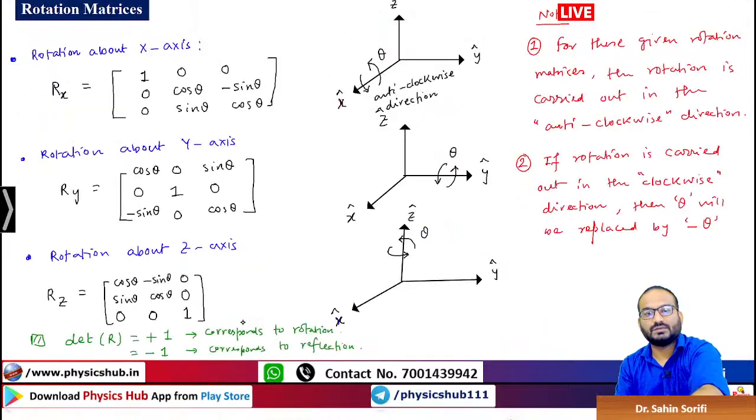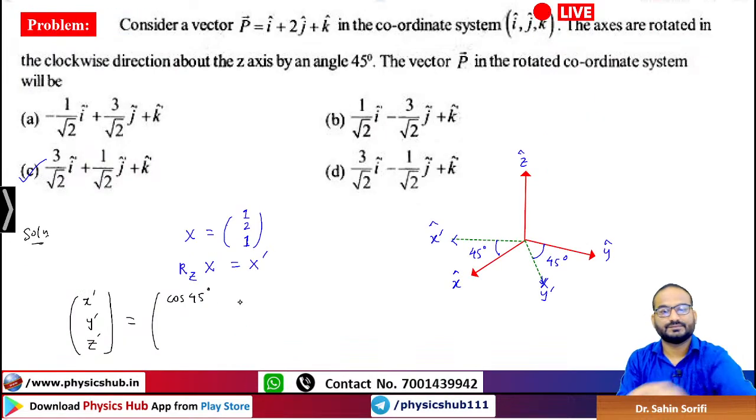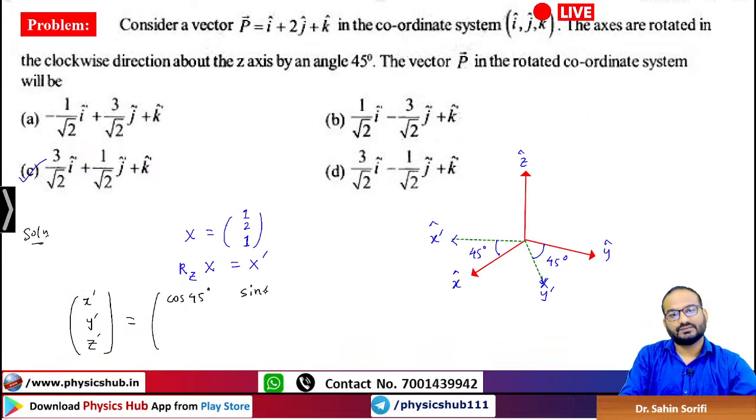Cos 45, and this minus sin theta will be plus sin theta. Sin 45, minus sin 45, sin 45, minus sin 45, and cos 45 will remain as it is. And this is 0, 0, 1, 0, 0.